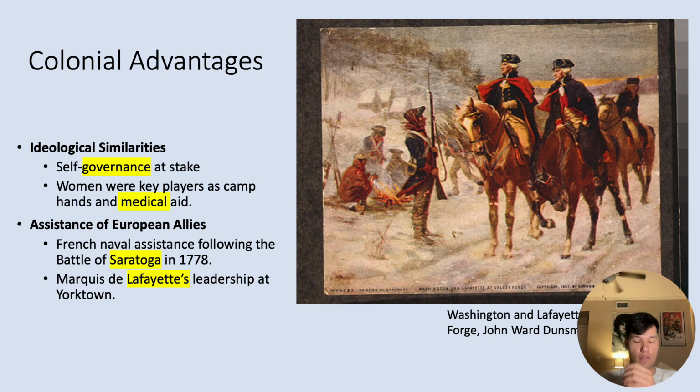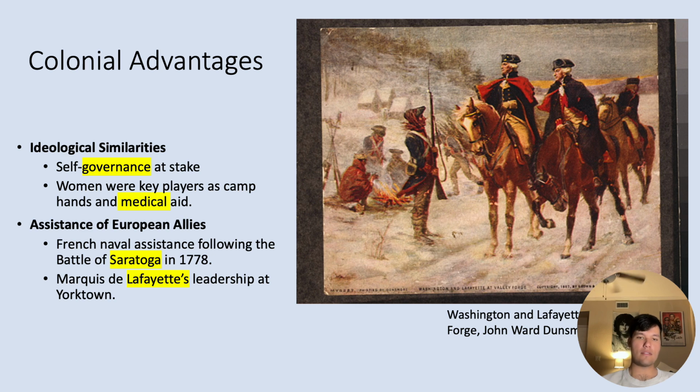This is the last slide of the lecture, as you guys will be doing most of the heavy lifting in the other one. One of the most significant factors in the colonial success was the assistance from European allies during this time. As you guys can see in the second bubble, after the Battle of Saratoga in 1778, France began to provide naval assistance, which was crucial to the colonial victory.